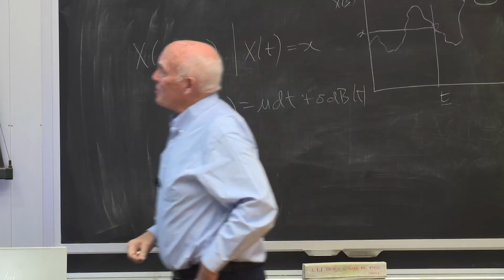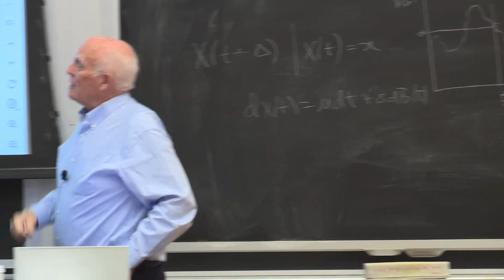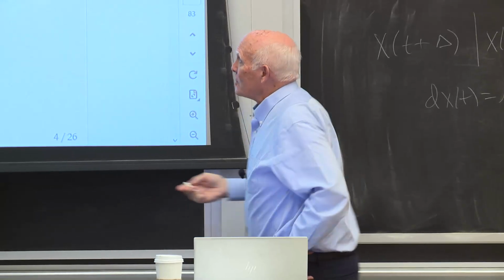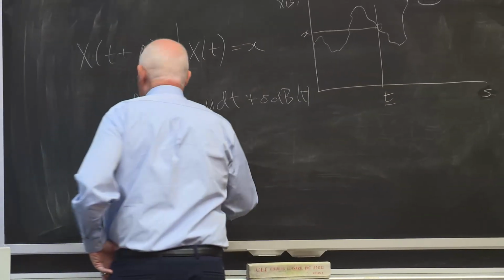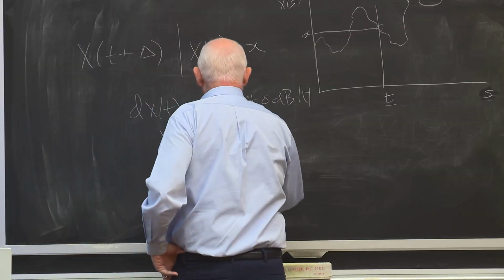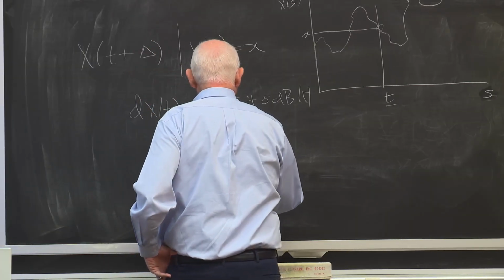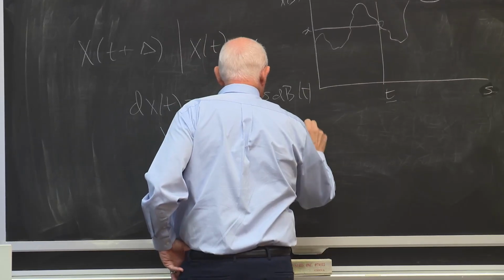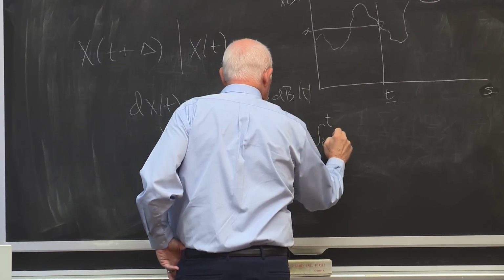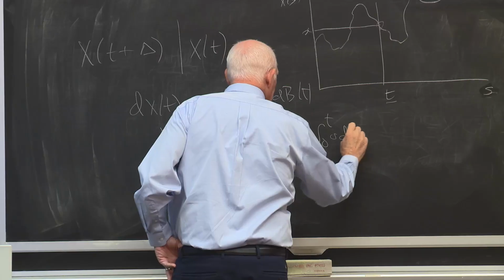And with this notation, the solution turns out to be x of t is equal to the value of x at time 0 plus the integral from 0 to t of mu dt plus the integral from 0 to t of sigma dBs.